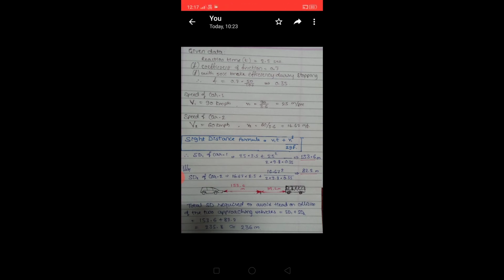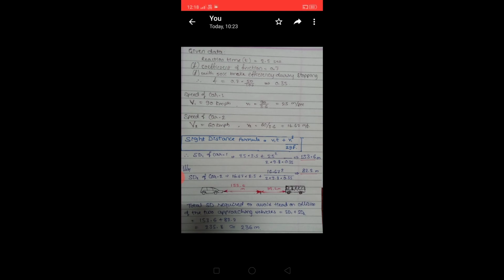As he has mentioned head-on collision, both the cars are coming in opposite directions. So car 1 requires 153.6 and car 2 requires 82.2. If you want to avoid a collision, then we need to add these two sight distances.